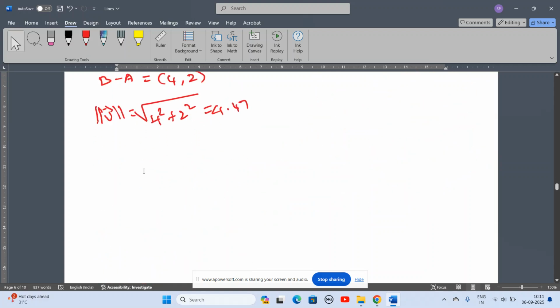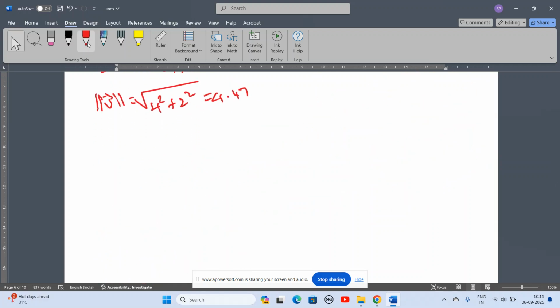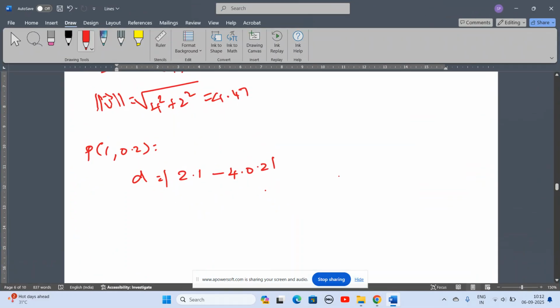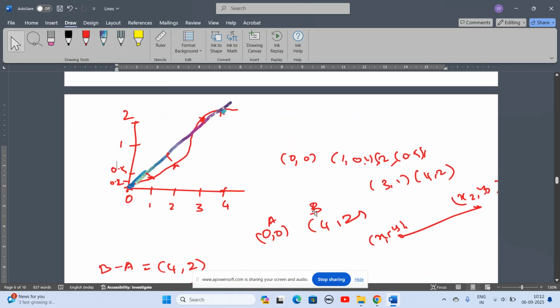The distance d, for the first point 1 comma 0.2, would be the determinant of 2 into 1 minus 4 into 0.2. The values 2 and 4 are the values of b minus a.